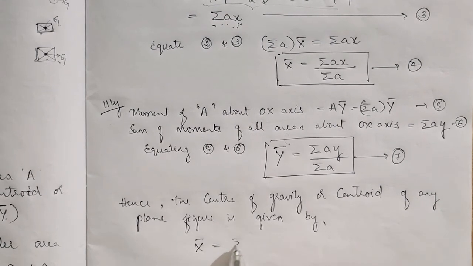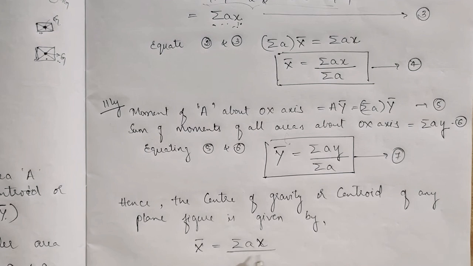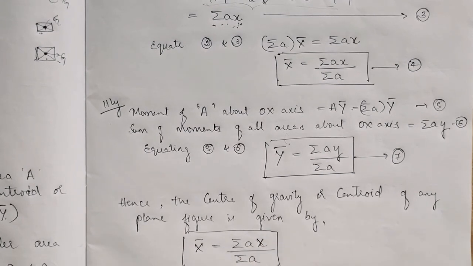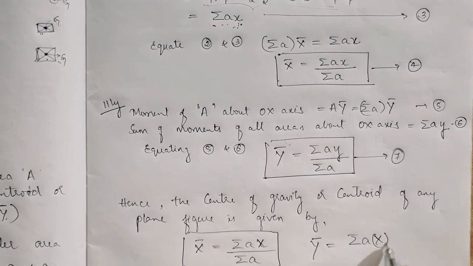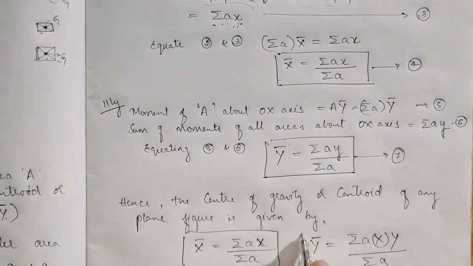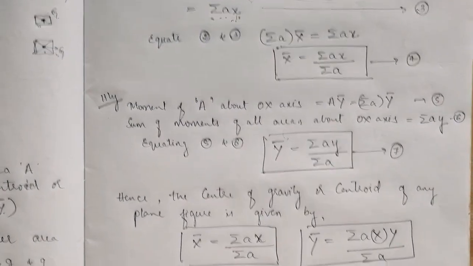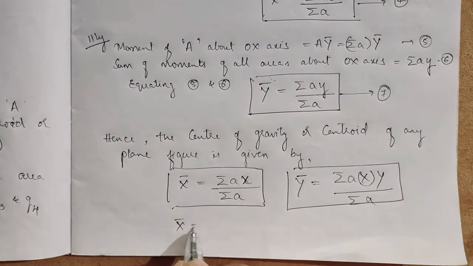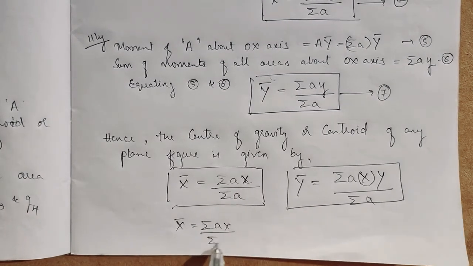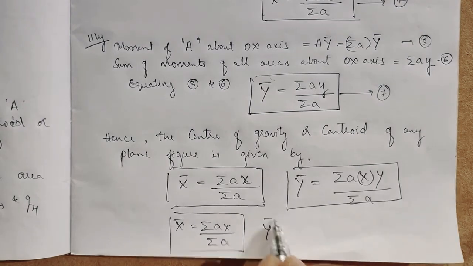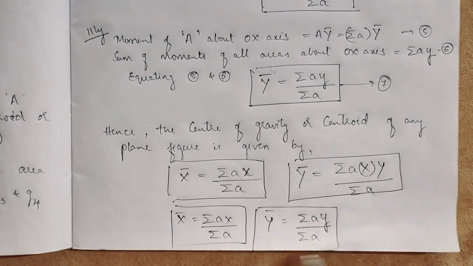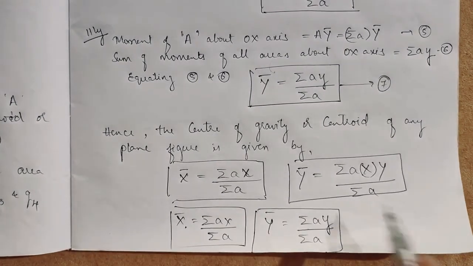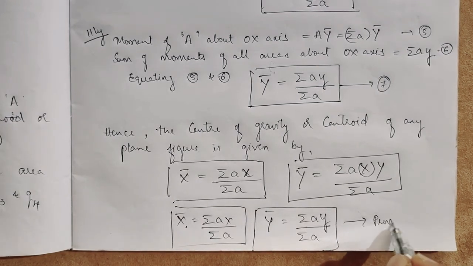x bar is equal to summation of area into x divided by summation of area. We will get the x distance. If you want the y distance, we have to multiply area into y divided by summation of A. So I will write it again: x bar is summation of A into x divided by summation of A, and y bar is summation of A into y divided by summation of A. So we wanted x bar and y bar, and we got them.